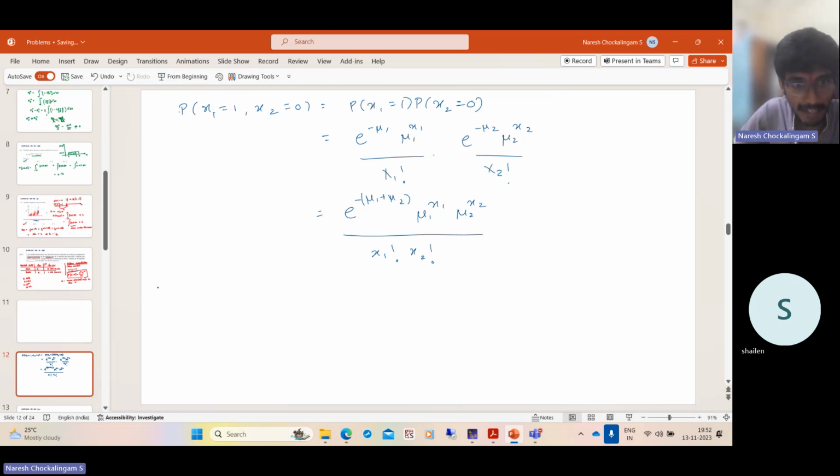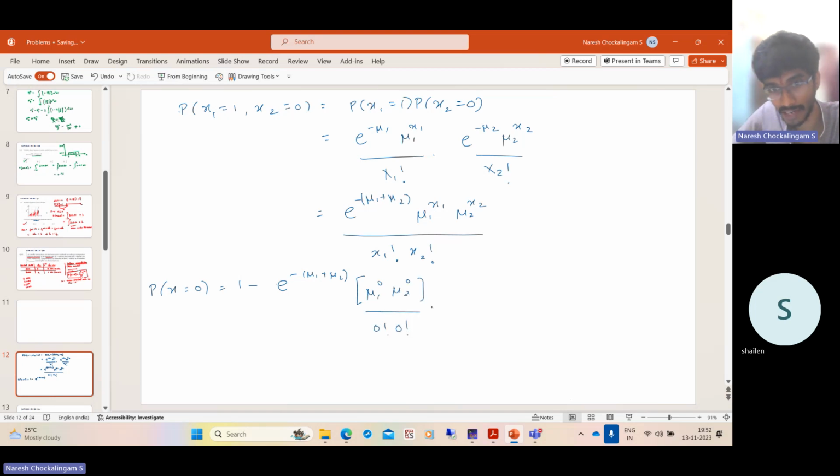Now let us evaluate the expression. So P of x greater than or equal to 2 is 1 minus P of x1 equal to 0, x2 equal to 0. In the first case, substitute x1 equal to 0, x2 equal to 0. You get e power minus (mu1 plus mu2), mu1 power 0, mu2 power 0 divided by 0 factorial, 0 factorial.